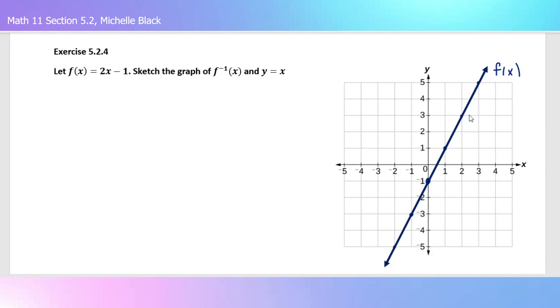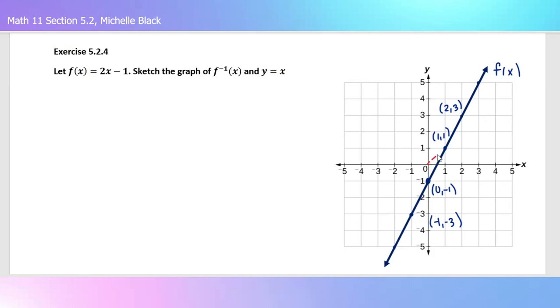And some of the points on this line are the point 2, 3, 1, 1, 0, negative 1, negative 1, negative 3, and so on. Now, the inverse will be a reflection about the line y equals x. So let's draw that line next.